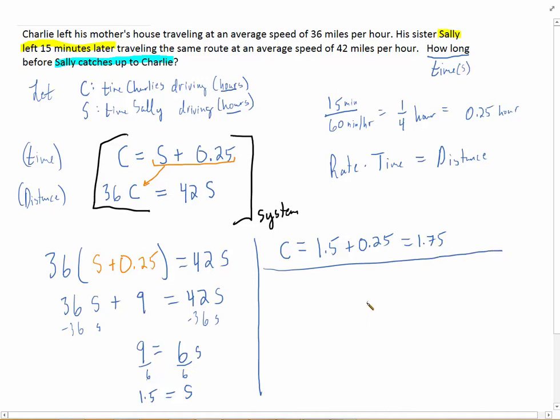So what's the conclusion? How long before Sally catches up to Charlie? Sally's time is 1.5 hours.